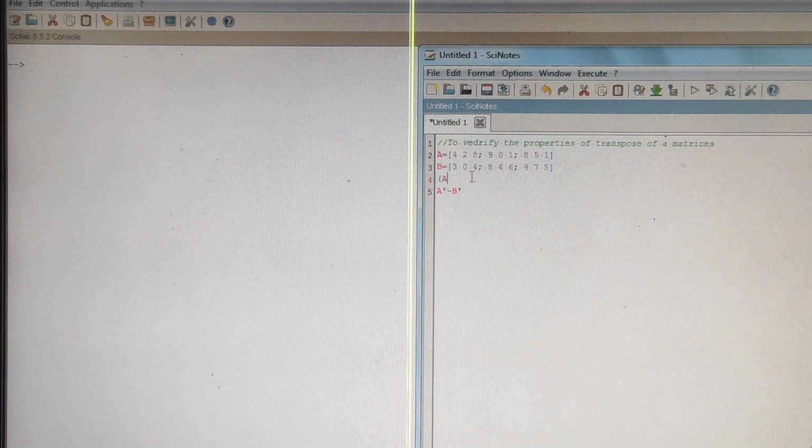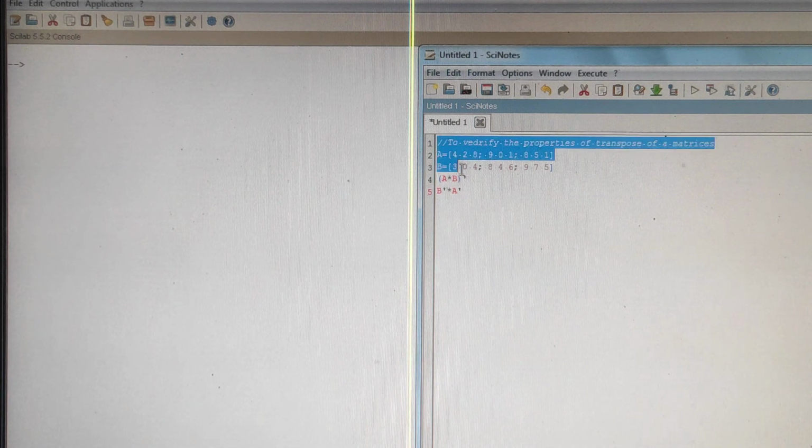That means A into B whole transpose, that means A asterisk B, bracket close, transpose, must be equal to B transpose into A transpose. Into means asterisk, A transpose. Clear? A B whole transpose is equal to B transpose into A transpose, which is the reversal law.